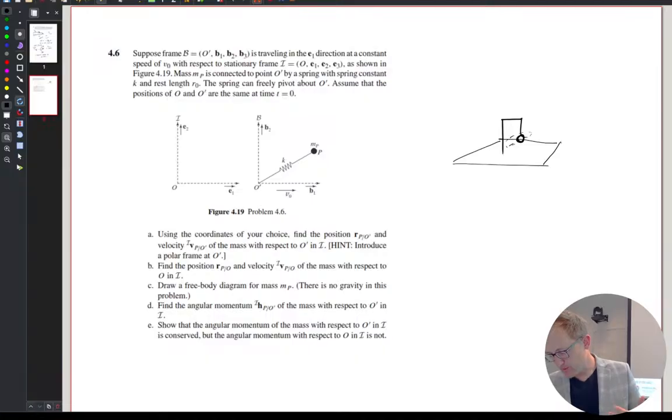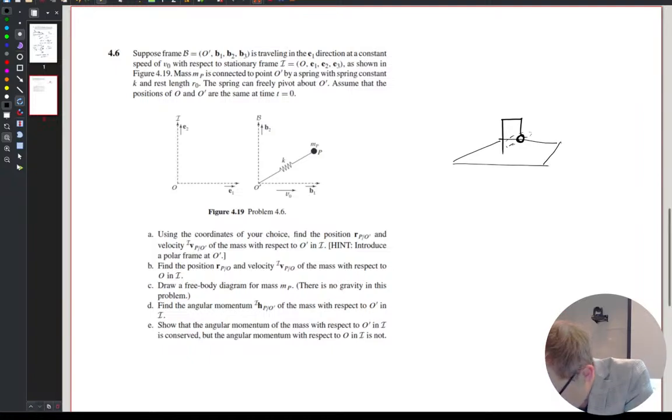I'm saying that because there are a couple of setup parts, like define position, define velocity. Angular momentum is based on position and velocity, and it depends on your reference frame. So we're going to have 2 different reference frames and compare the 2.